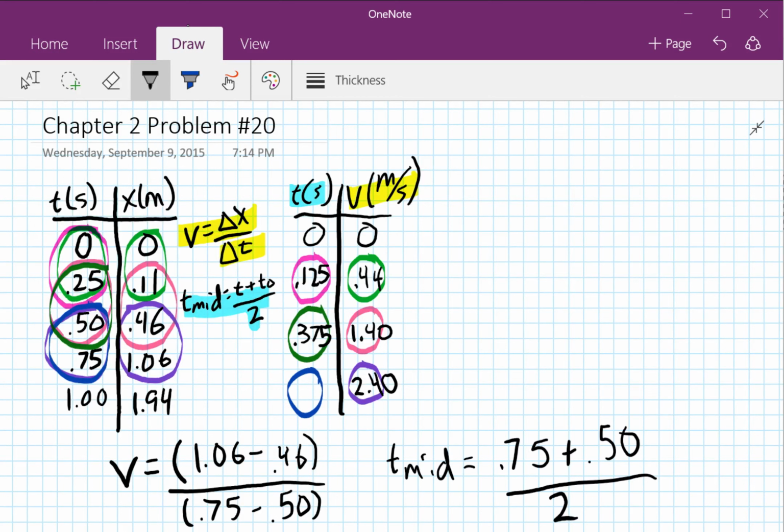And that will give you 0.625. And you just keep on going. Okay, so the pattern keeps repeating. So that's how you go to the velocity versus time graph.